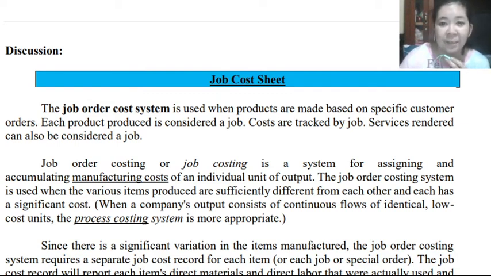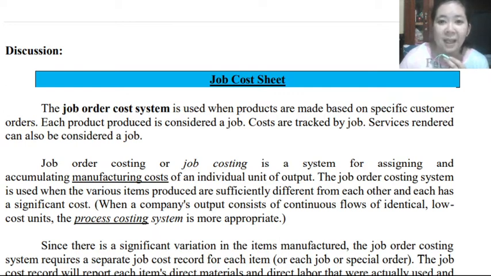Whereas job costing is intended for items which are produced and are sufficiently different from each other. So there is minimal similarity with other products.